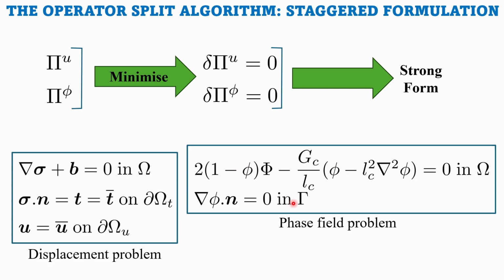So these are the governing equations for the displacement problem and these are the governing equations for the phase field problem. We have essentially decoupled the entire formulation using this history field. Now we discuss the finite element formulation of it.